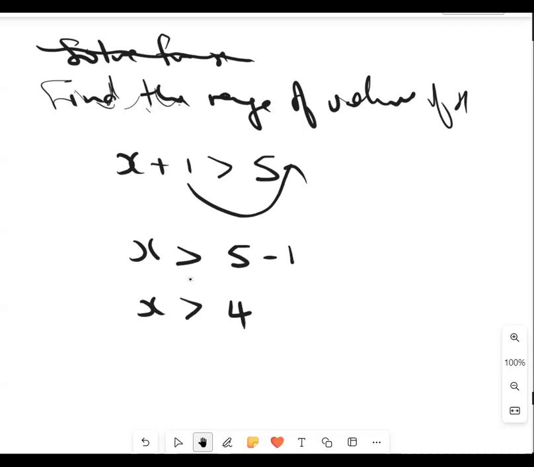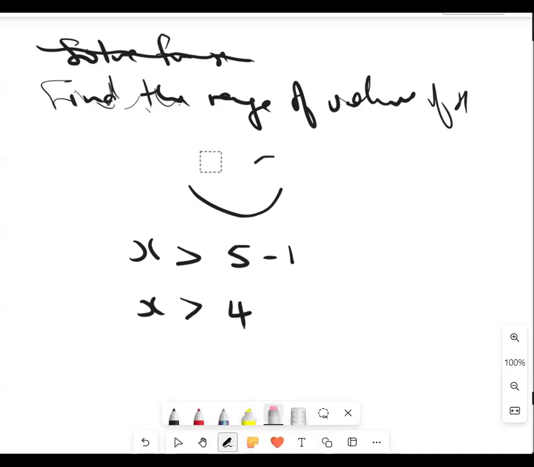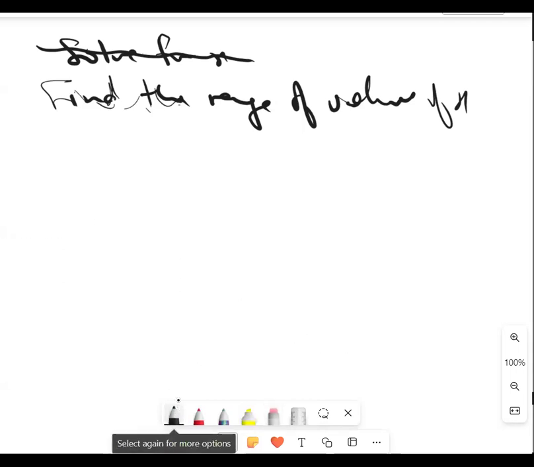Now you have 2x minus 1 is less than or equal to 2.